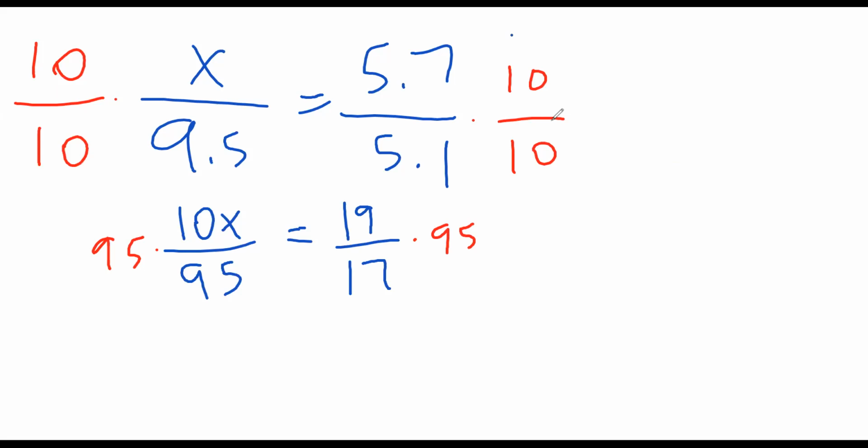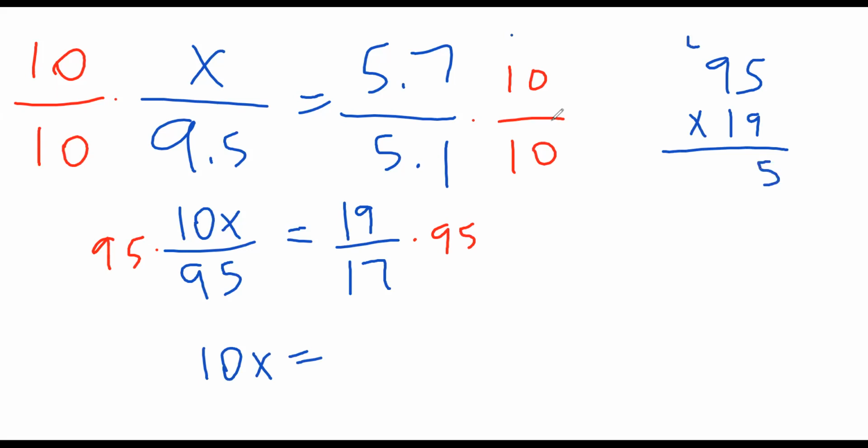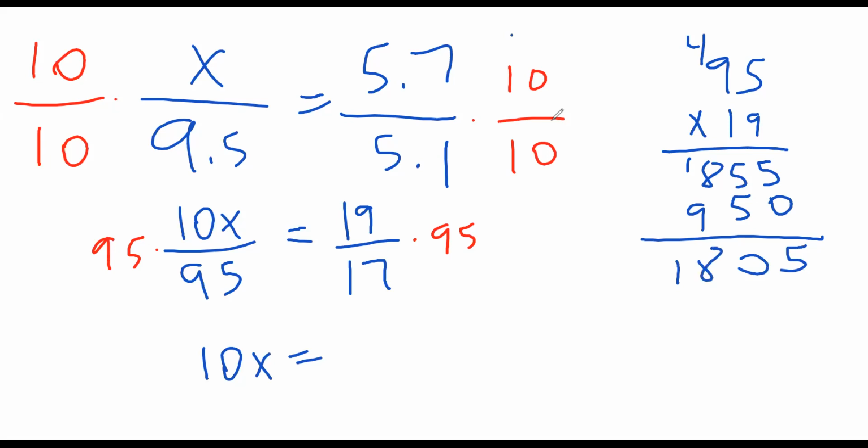You're going to end up with 10x equals 19 times 95. So as you can see, the numbers are going to get a little nasty. So we have a little manual labor we need to do. 9 times 9 is 81, plus 4 is 85. That gives us 1,805, divided by 17.